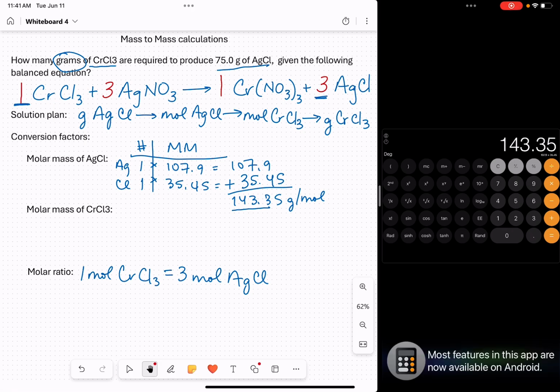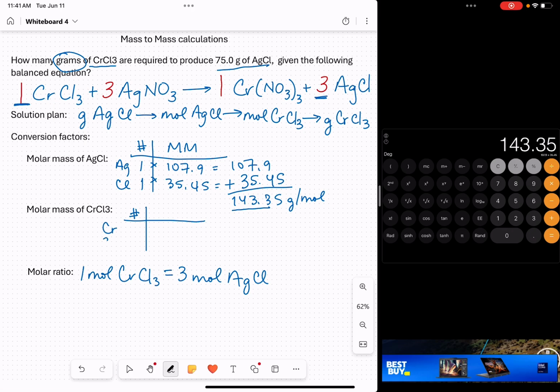Now let's do the molar mass for chromium 3 chloride. So there's chromium, there's chlorine, there's 1 chromium, 3 chlorines. We already know the molar mass of chlorine is 35.45. The molar mass of chromium is 52. So multiplying across, 1 times 52 is 52.